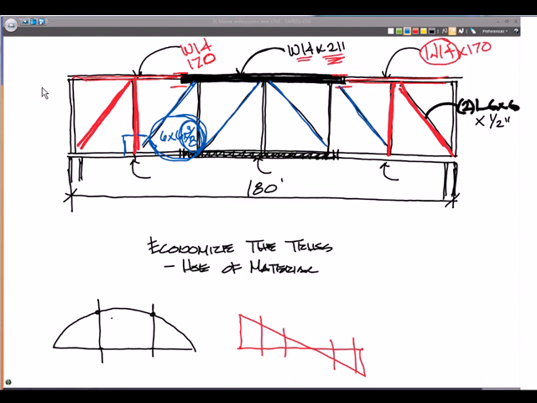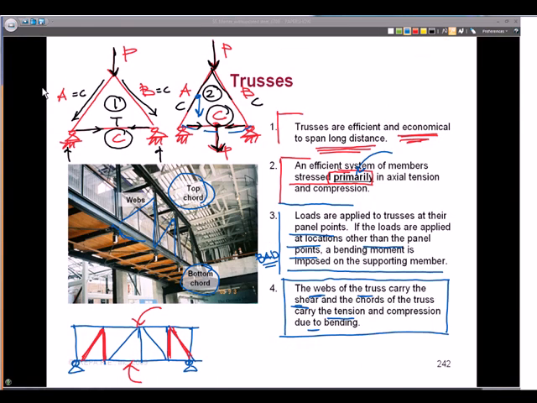So that's another way. This is how you get economy out of the truss, putting the material where you need it, okay, and thinking about the detailing as well. So we don't want to just change every individual member to be different for the sake of changing it. Okay, look for a rhythm within the design.